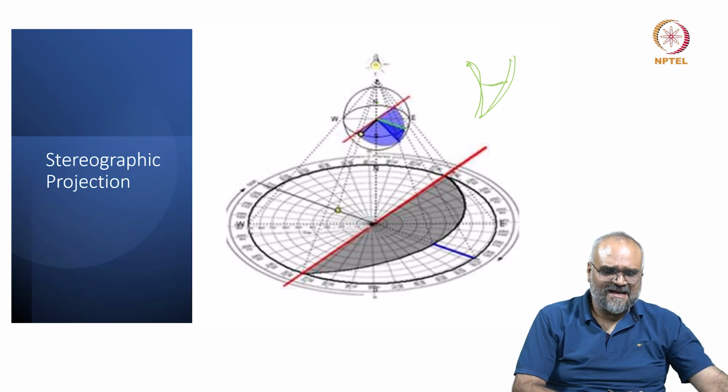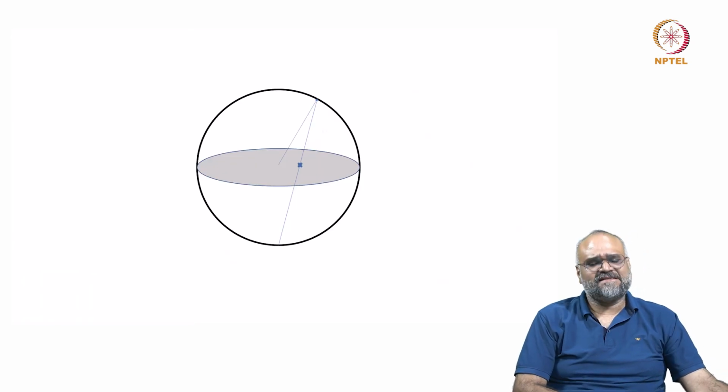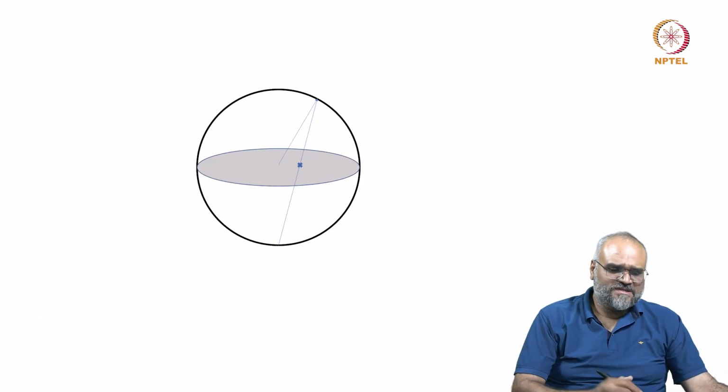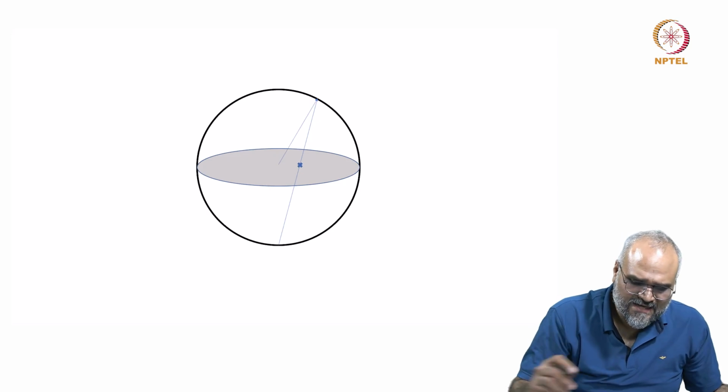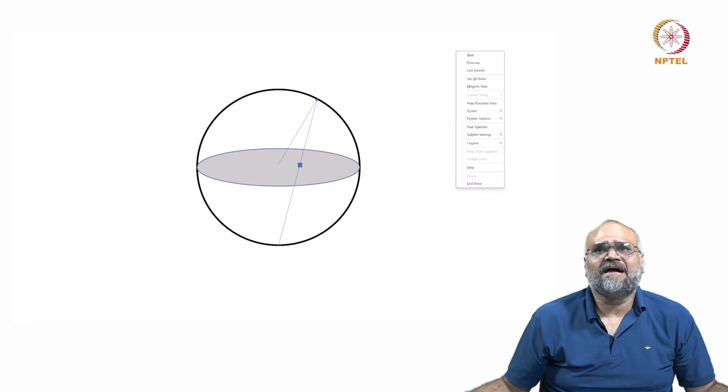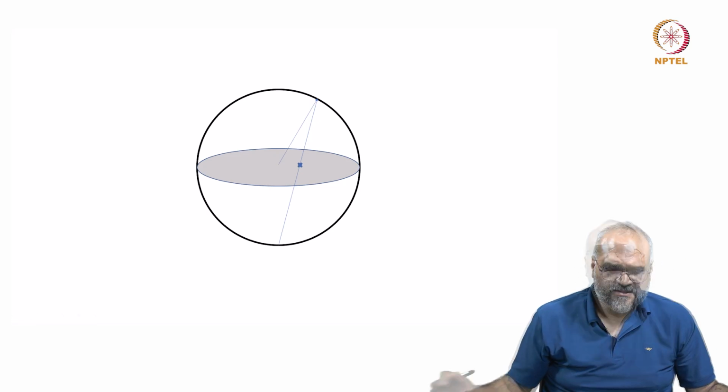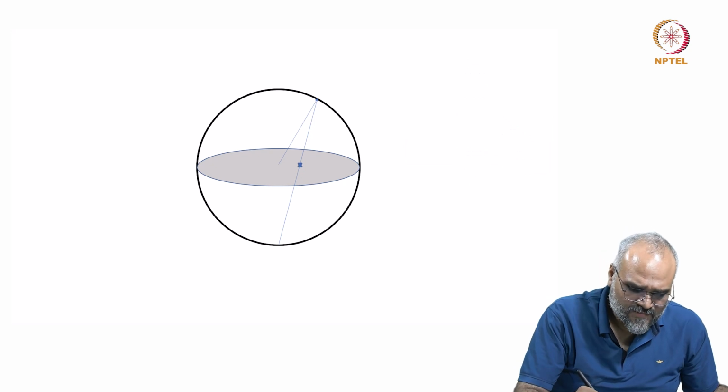So, let us say I have a simple unit cell which can be placed in real space, and let us say I have a unit cell which looks like this. So, I have a cube which is sitting at some random orientation like this.